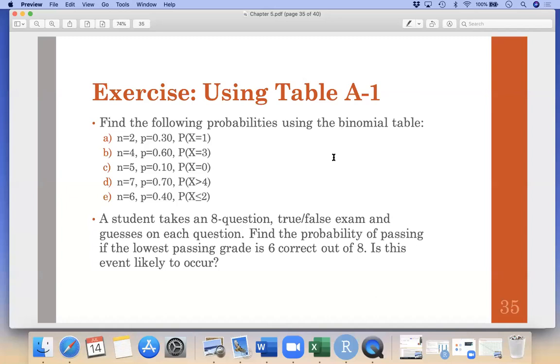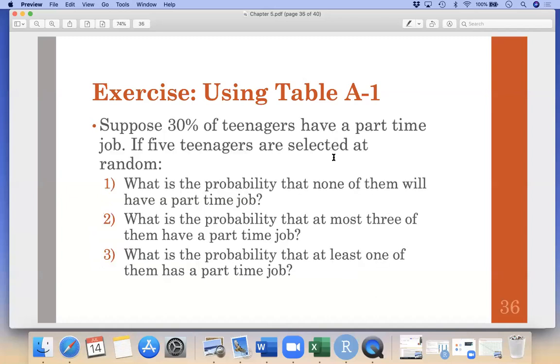Now we have another example. Again, you have to use the table. Exercise using table A1, that is the binomial probability table. It says suppose 30% of teenagers have a part-time job. So what is our P? According to the question, our P should be 30%.